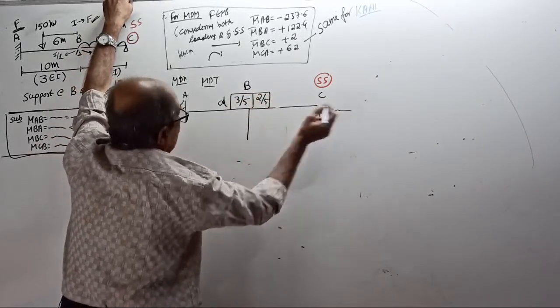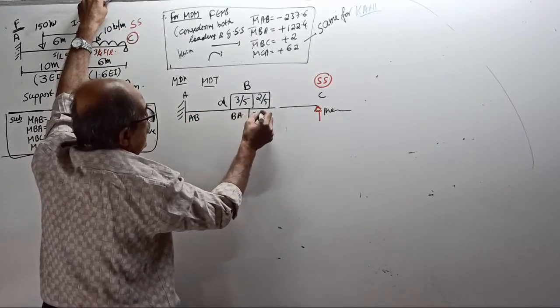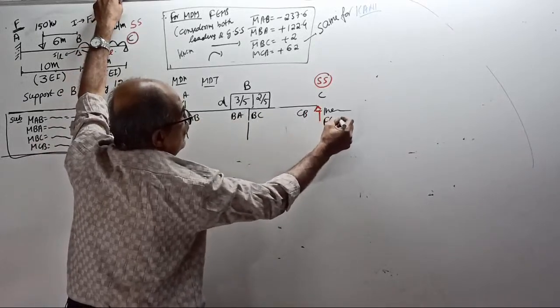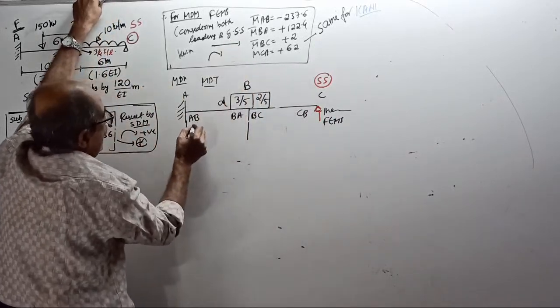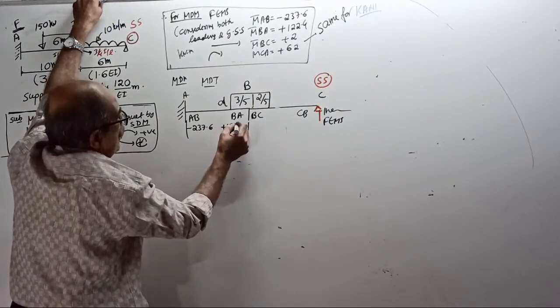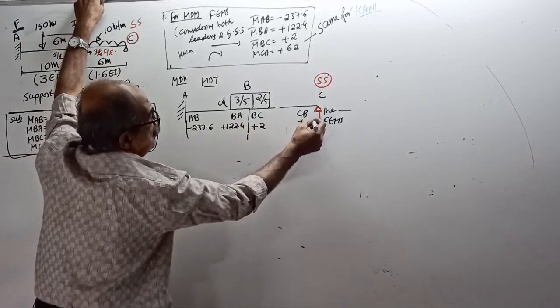Write members here: AB, BA, BC, CB. Enter the FPMs. FPMs are minus 237.6, plus 122.4, plus 2, plus 62.